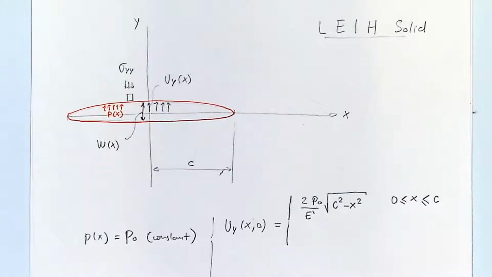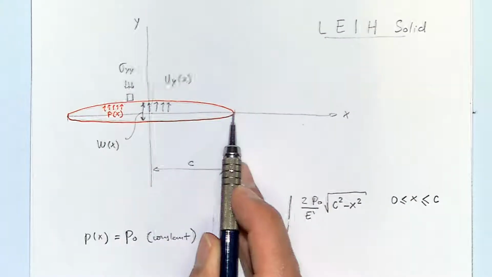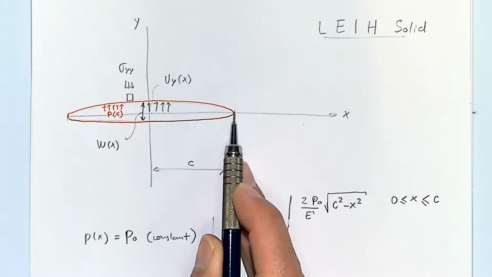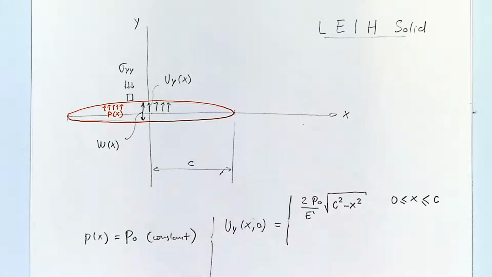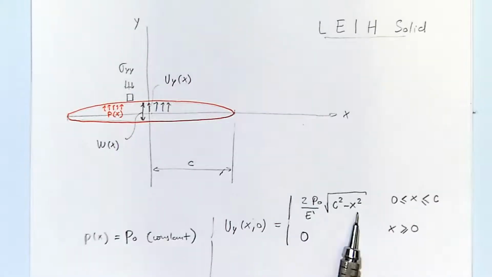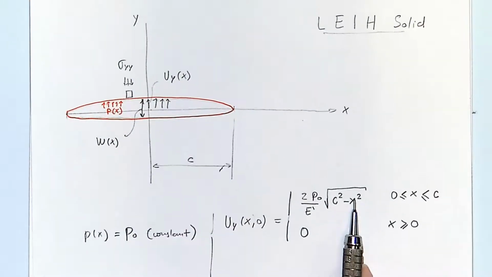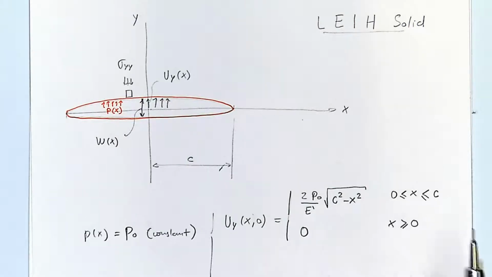What is going to be the displacement after that point, for x higher than C? 0, right? It's going to be equal to 0 for x equal to or higher than C. I notice over here too that if you put x equal to C, that's going to be equal to 0. And the maximum is going to be for x equal to 0.